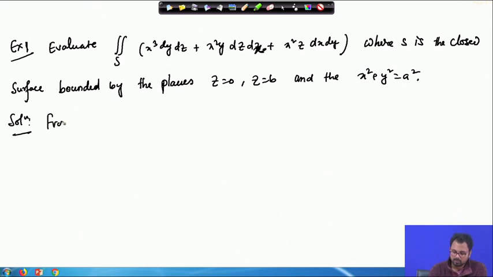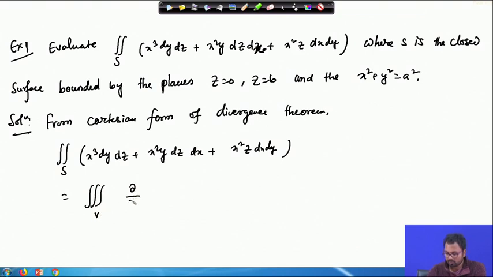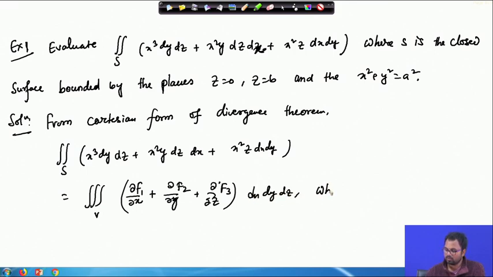So, from the Cartesian form of divergence theorem, we have the surface integral over S of x cube dy dz plus x square y dz dx plus x square z dx dy, equal to the volume integral of del f1 by del x plus del f2 by del y plus del f3 by del z, dx dy dz, where f1 is x cube, f2 is x square y, and f3 is x square z.